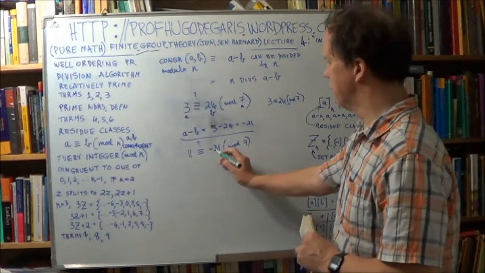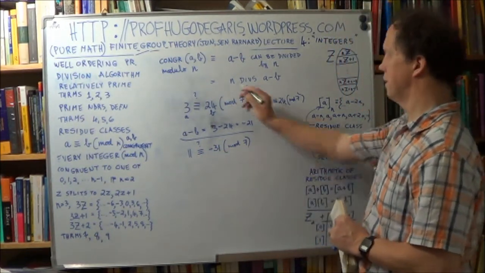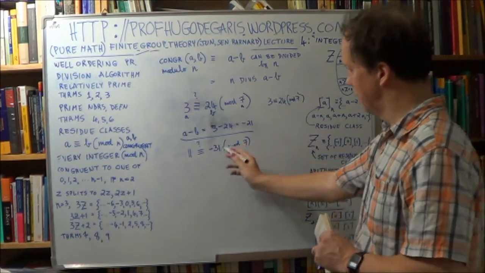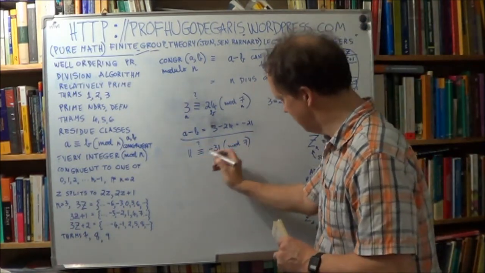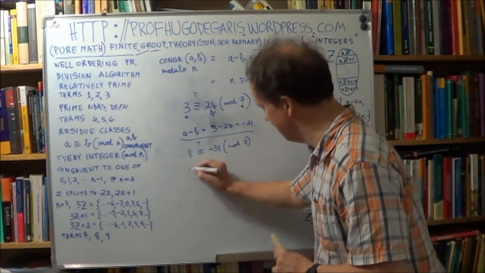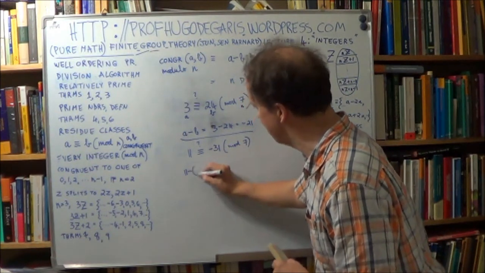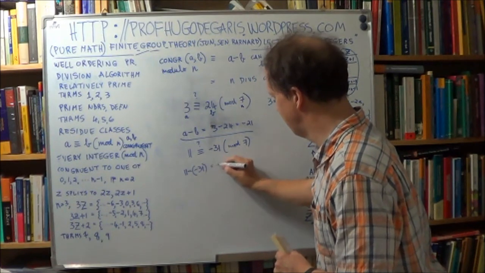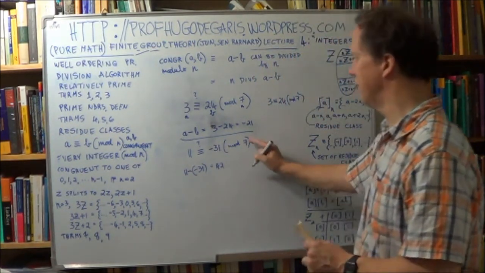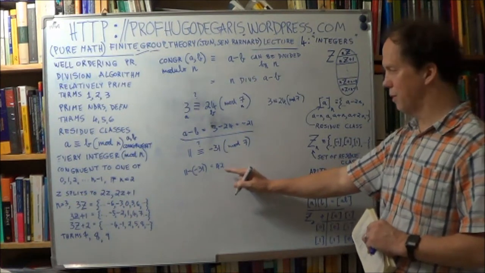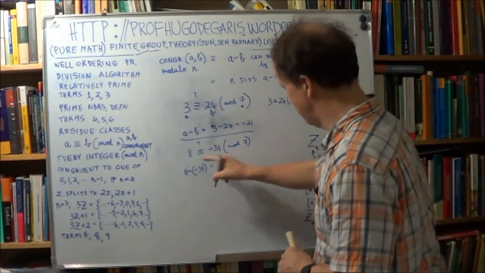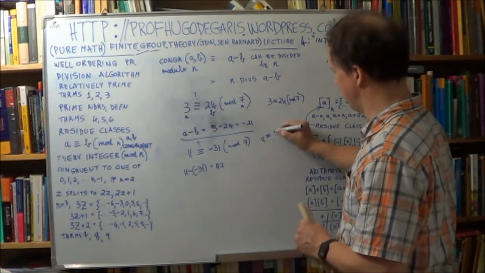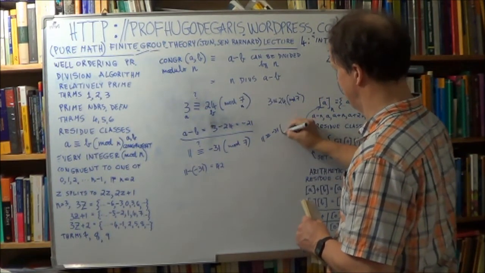Okay, so that's A, that's B, that's N. So you just check whether N divides A minus B. So A minus B, that would be 11 minus 31. Well, that's 42. Right? Now 7 does divide into 42. Therefore, 11 is congruent to minus 31 mod 7.